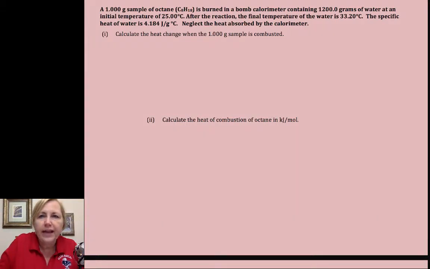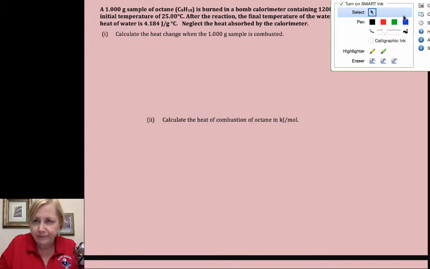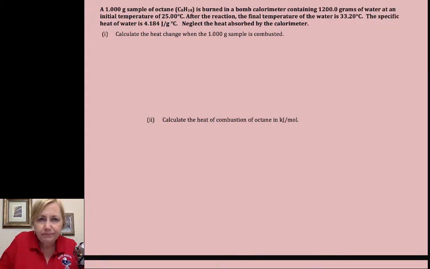We have a 1 gram sample of octane, and we're going to burn that, and that burning is going to transfer heat to the water. So Q of our combustion process is equal in magnitude but opposite in sign to Q of the water. Now be careful.